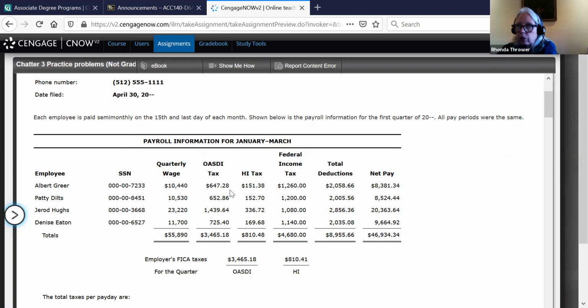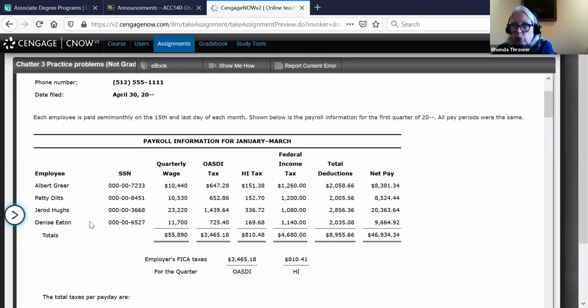So the OASDI tax, HI tax, and the federal income tax, those are your total taxes that were deducted. And the difference between the total deductions and the quarterly wages are what that person actually was paid. That's the net pay amount.